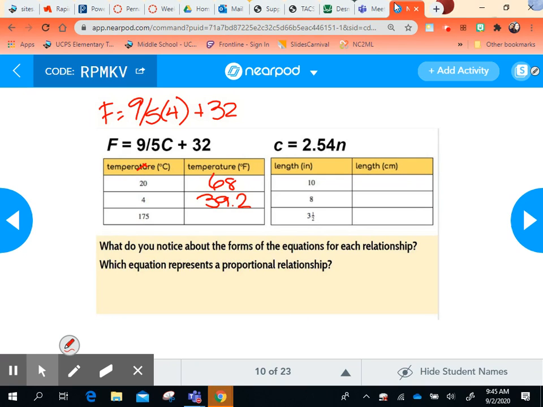And then last but not least, we have f equals 9 over 5 times 175 plus 32.